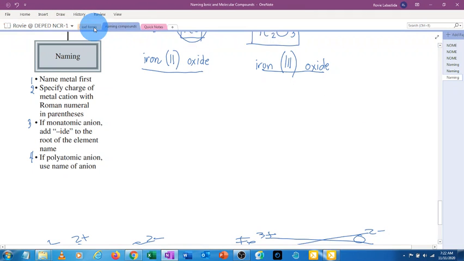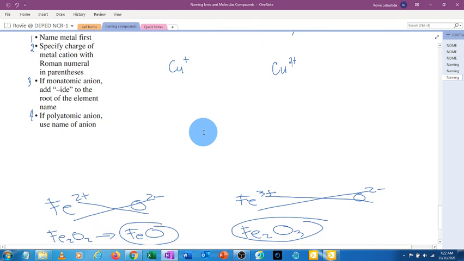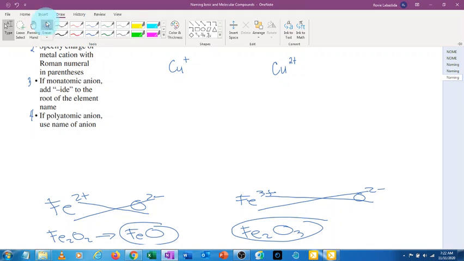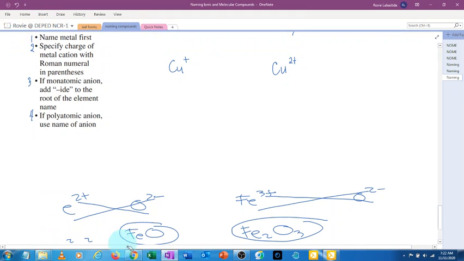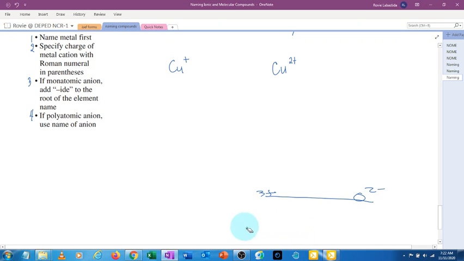Okay, so let's have copper 1 positive and copper 2 positive. Alright, so copper 1 ion and copper 2 ion. Let me erase some of the things that I've written here. Okay, there you go.